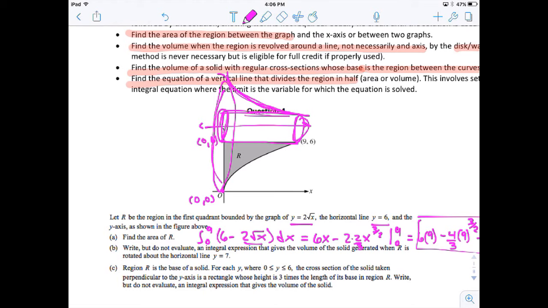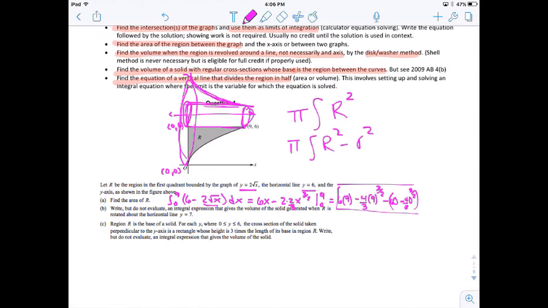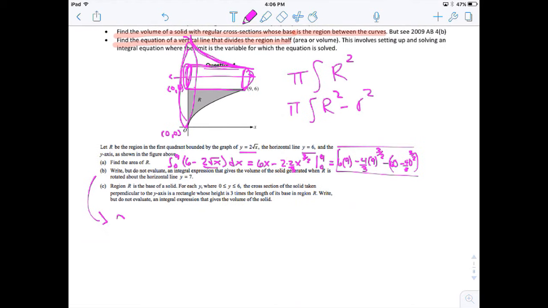Now, remember with a disk, you're just doing the area of a circle, which is pi r squared, right? But with a washer, you're doing the area of a washer where you need to do outer radius squared minus inner radius squared. So this is the integral from 0 to 9 of pi times your outer radius squared minus your inner radius squared.